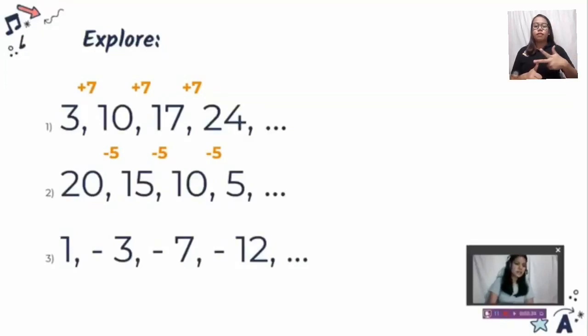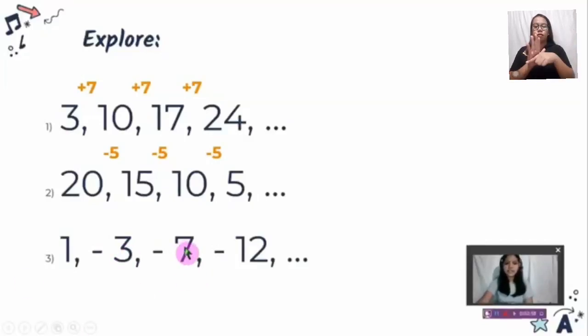For the third example, we have a sub 2 is negative 3 and a sub 1 is 1. So negative 3 minus 1, the same sign, so we need to add 3 plus 1, that is 4. Copy the sign, negative. So negative 3 minus 1 is negative 4. Next, a sub 3 is negative 7 and a sub 2 is negative 3.